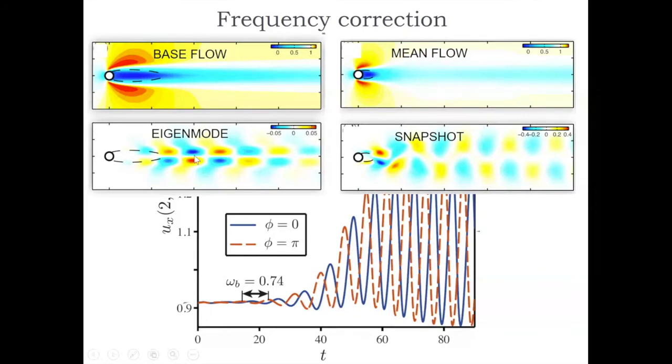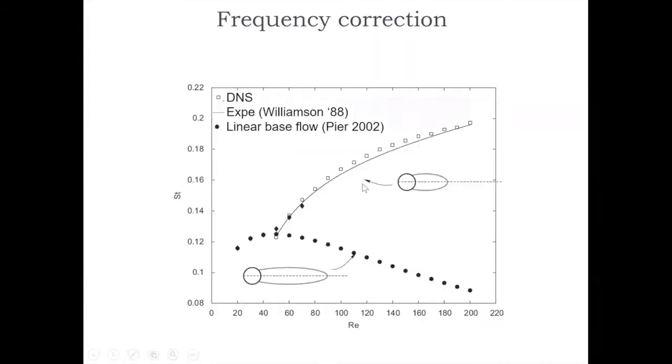Now the frequency prediction here, from a paper of Benoit Pierre in 2002, compares the linear prediction from a linear base state, the experiments from Williamson, and some direct numerical simulations. You see that the agreement is accurate only close to threshold at 47, but deteriorates almost immediately.